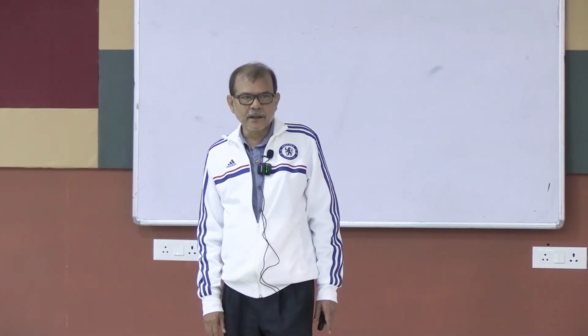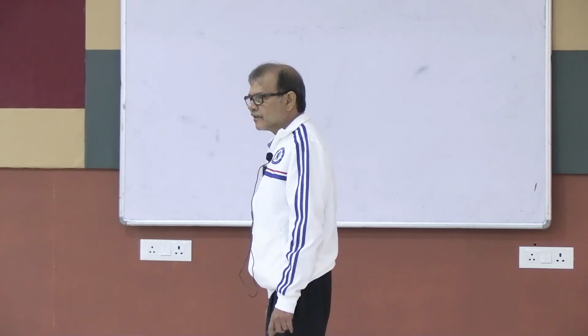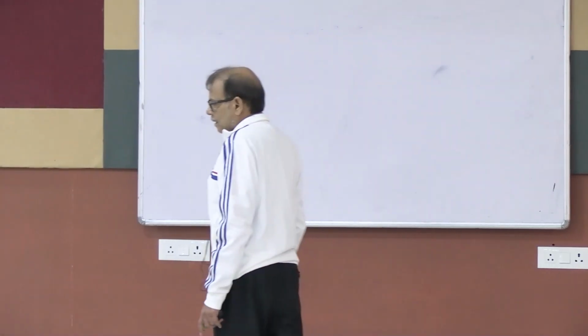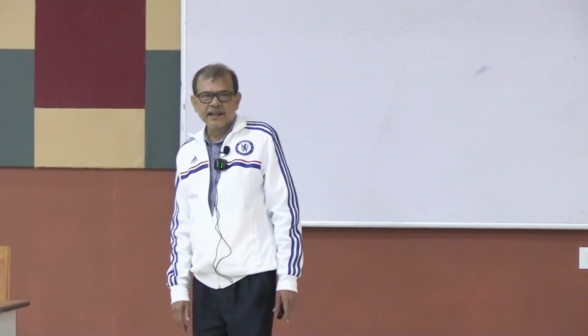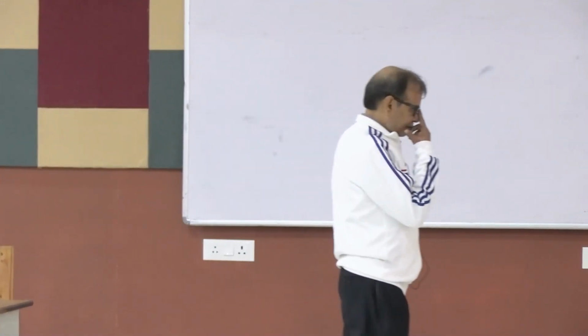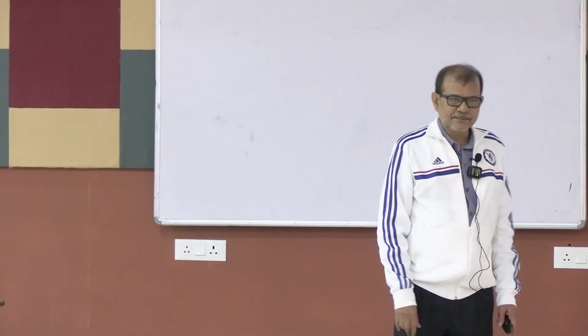This is constituted by, number one, the orifice of the inferior vena cava, or the entry point of the inferior vena cava to the right atrium.